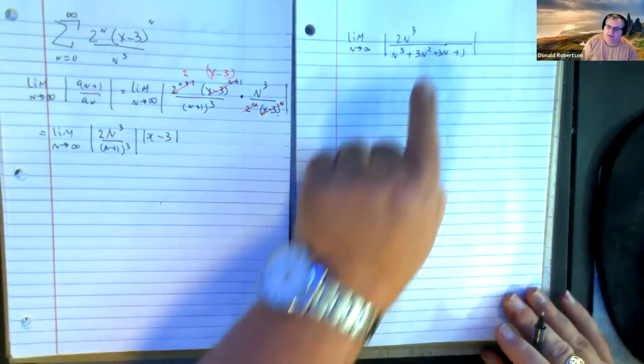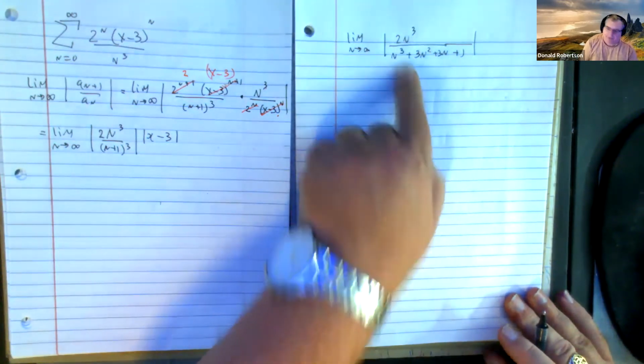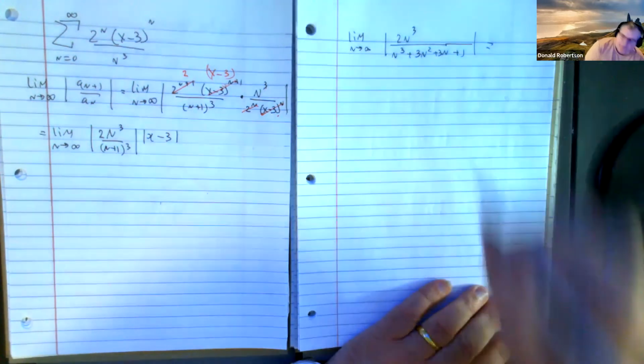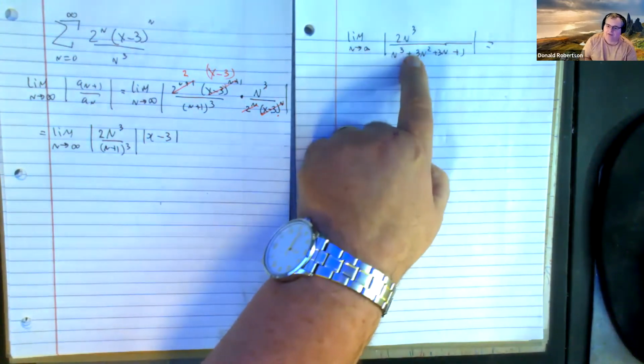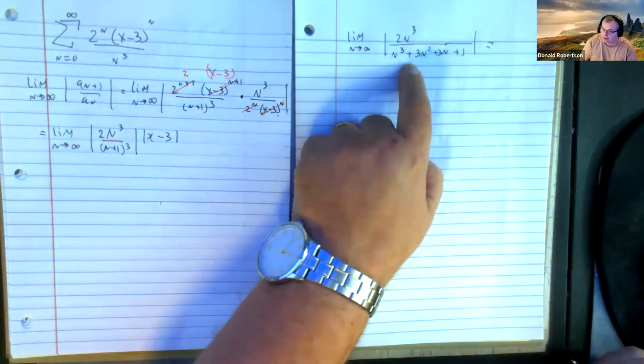Now, can you see the guy in the top and the guy in the bottom? What would the limit be in this question? What would the limit of that guy divided by that guy give me? Right, I could do L'Hopital. I could divide the top by n cubed. What would I get?